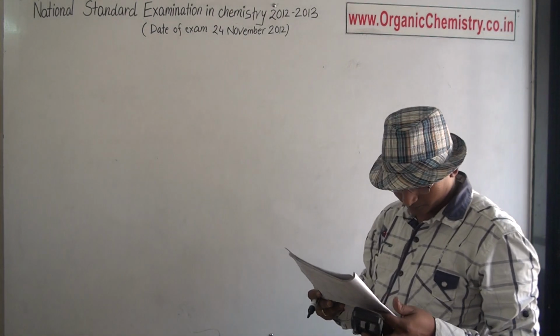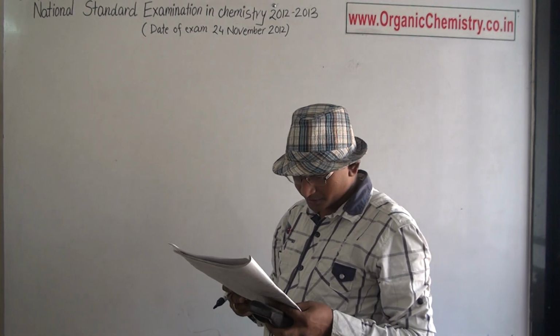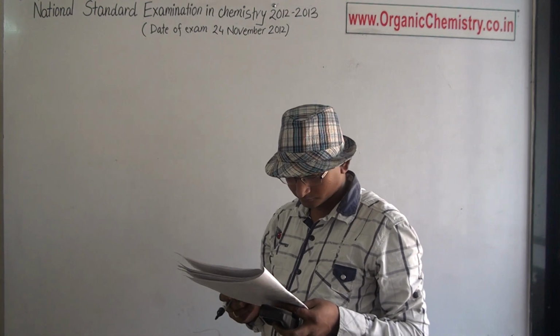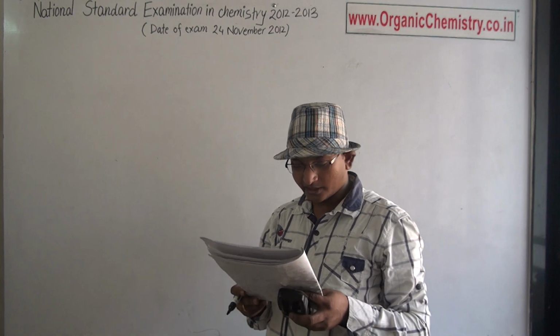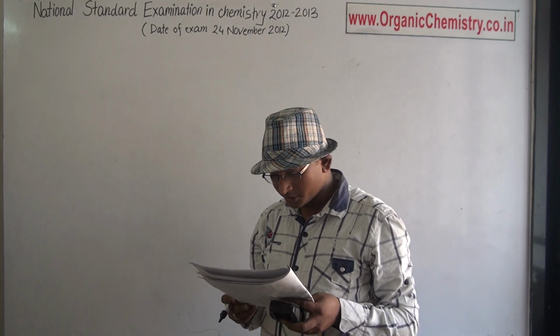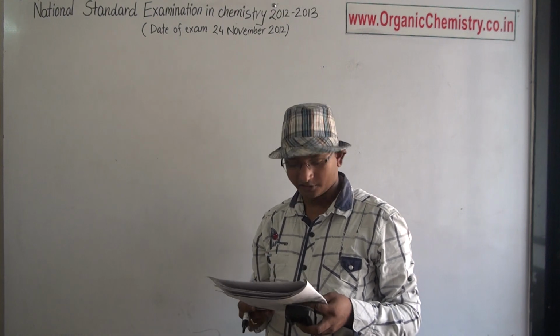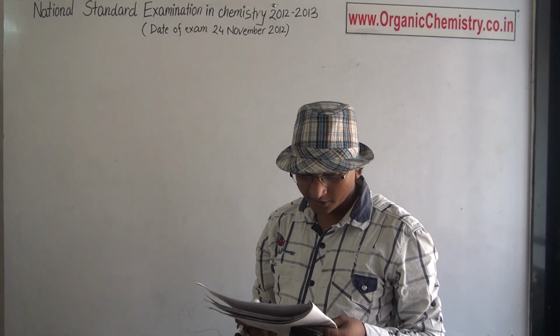Now the next question is, pheromones are chemical substances which are first secreted by the endocrine gland of man, second formed by the fermentation process of fungi, third plant growth hormone, and last secreted by insects.